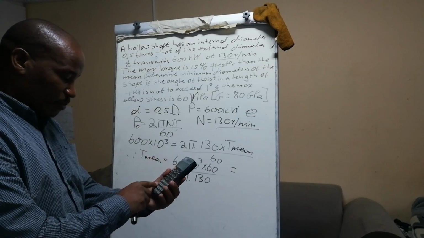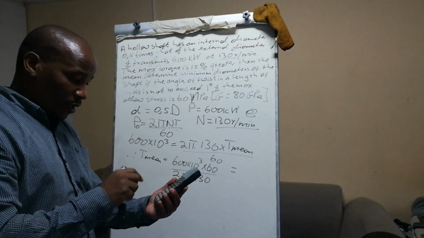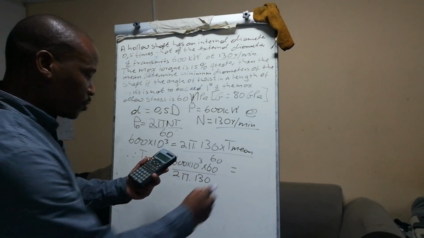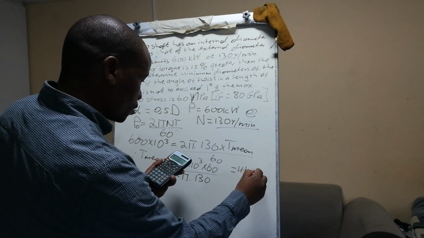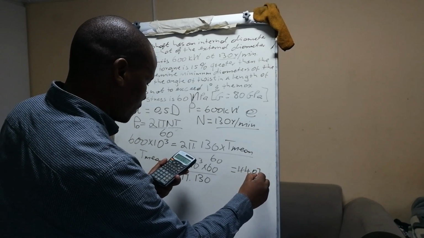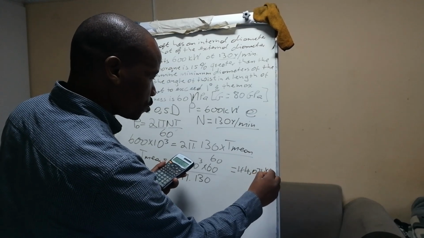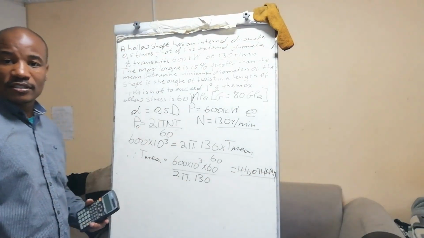Okay, let's divide it by 1000 to convert it to kilonewton meter. And it's equal to, the mean torque is 44,074 kilonewton meter to 3 decimal places.